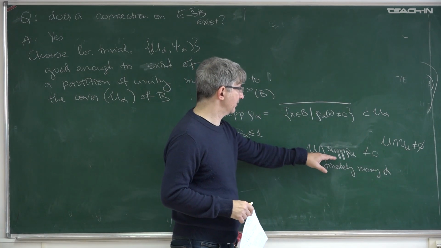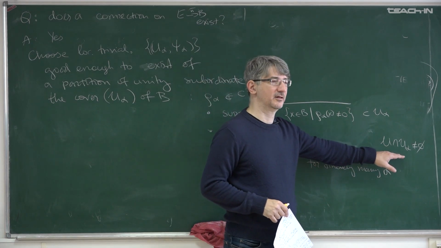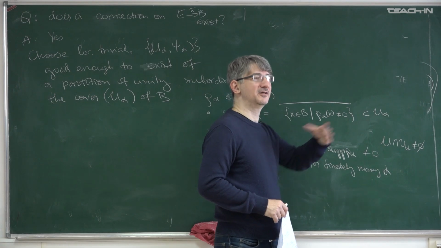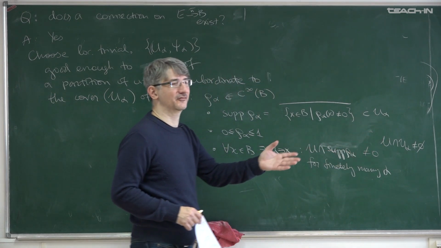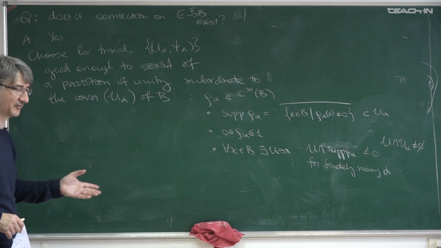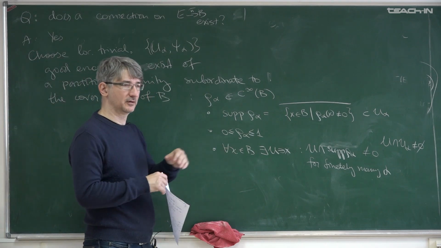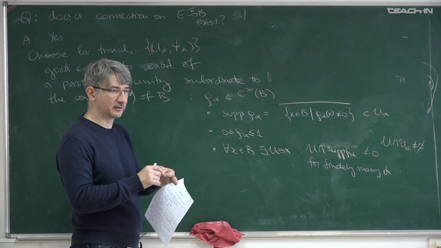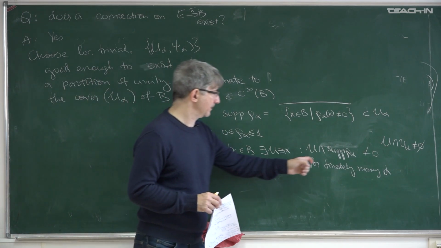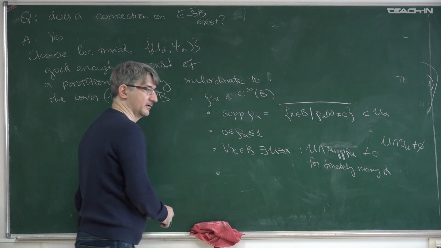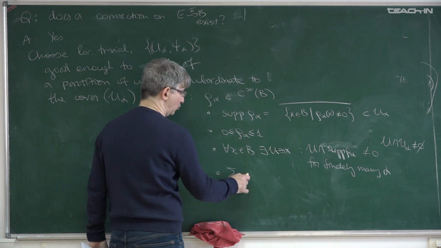Sometimes people write this, sometimes people write that. It depends on your dedication to the foundations of the theory of differential manifolds. But it means that at each point you have only a finite number of these things, and the sum is 1.